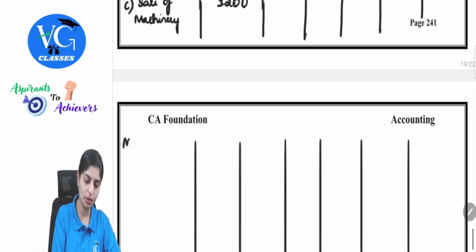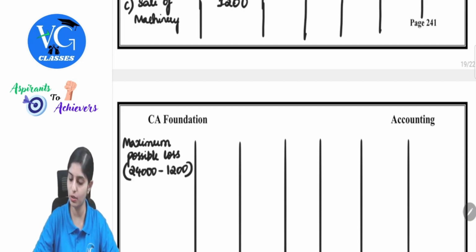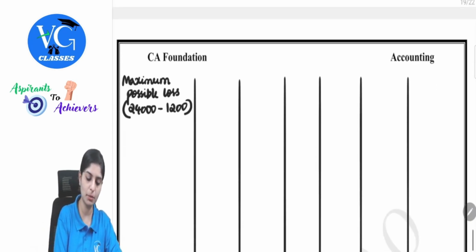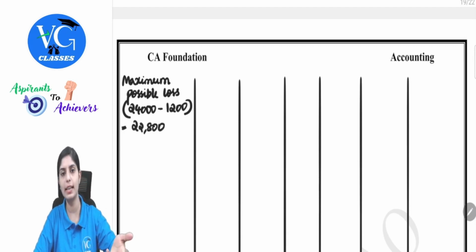So the maximum possible loss is 24,000 minus, from this realization, I'm only getting 1,200. This is what they expect as the maximum possible loss: 22,800. Whether realization is profit or loss, it is as good as realization.